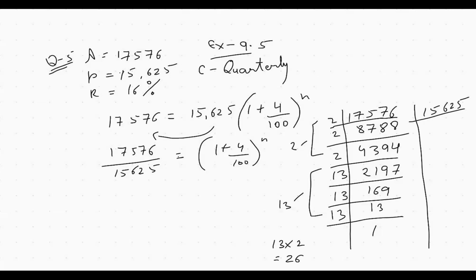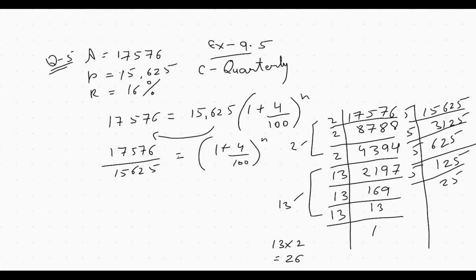Okay. Let's try out 15625. Try it with 5. 3125, then 625, 125, 25, 5, 1. 5 times 5 is 25, 5 times 25 is 125, 5 times 125 is 625.